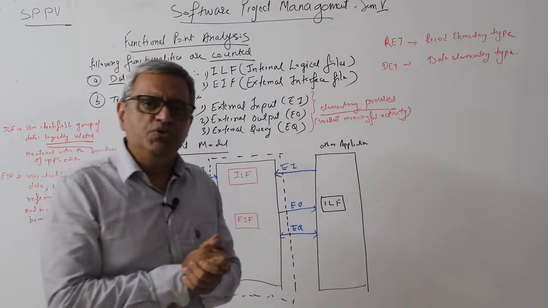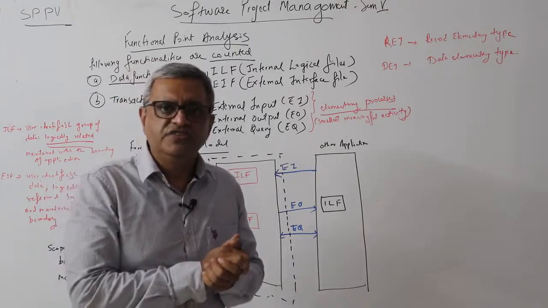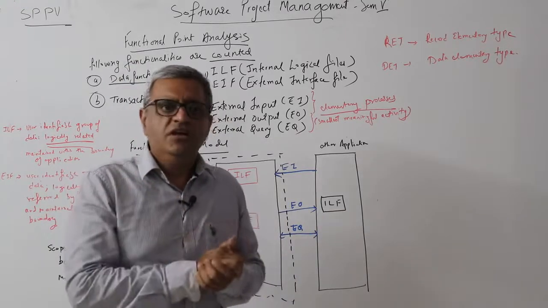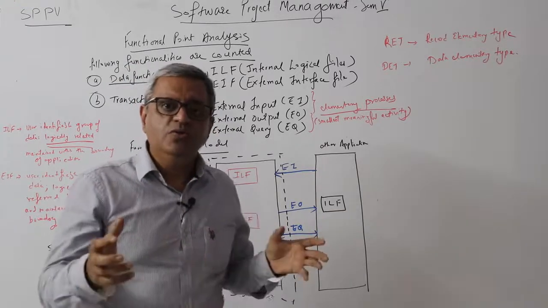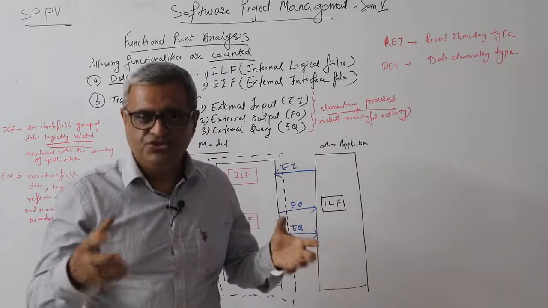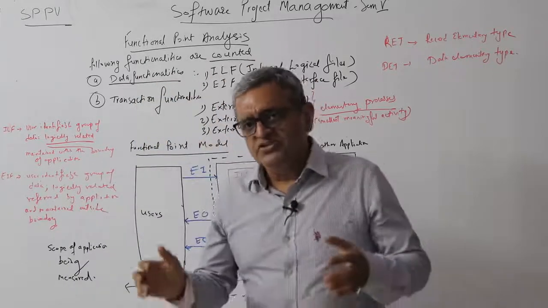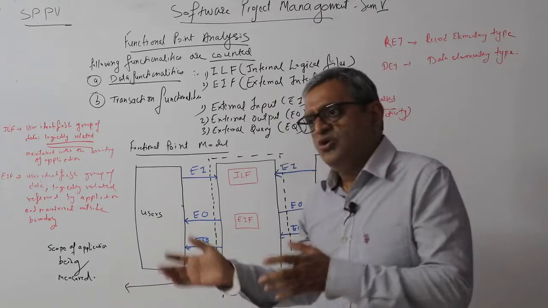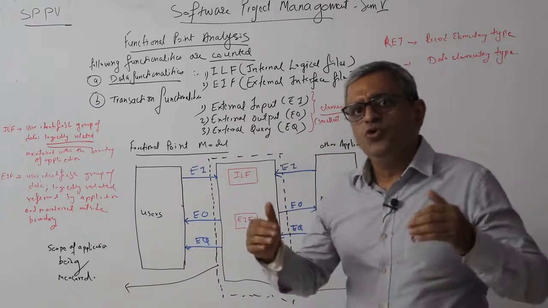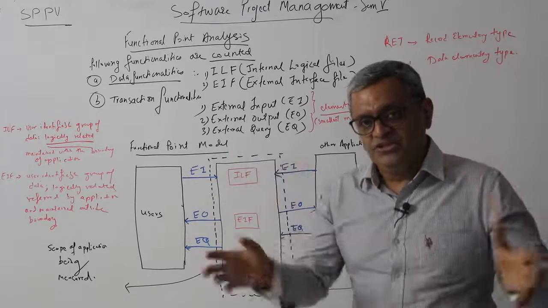So the function point analysis model is an industry-followed model, because what it counts is the functionality that is required by the software to be delivered. That's the beauty of it, because it is not related to any of the technologies in which you are going to build the software; it is functional.